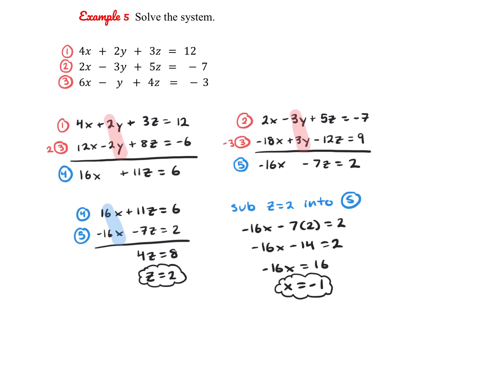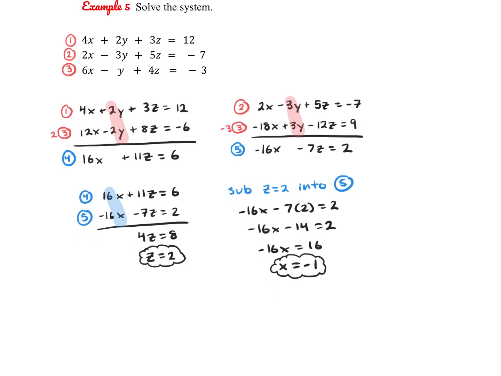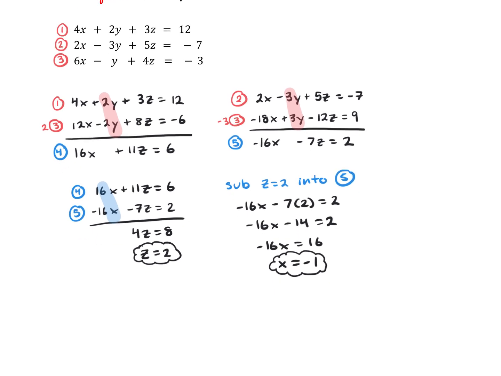And now that we know two of our variables, we can substitute both of those into any of our original three, 1, 2, or 3. It doesn't matter. I'm going to sub both into equation 1. So sub z equals 2 and x equals negative 1 into equation 1.